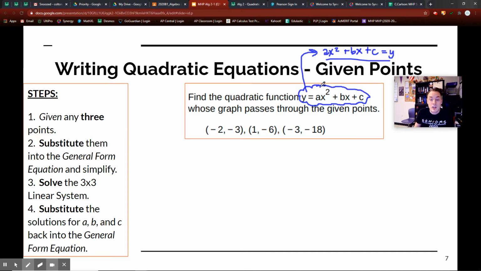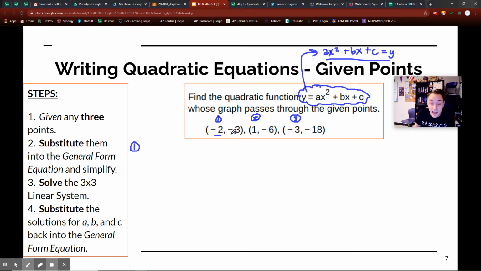All right. So I have these 3 points. Now I'm going to label them as 1, 2, and 3. Now watch. I'm going to label this as 1. I'm going to use this point, -2, -3. I have in my actual quadratic equation x and y. Well, that's interesting.